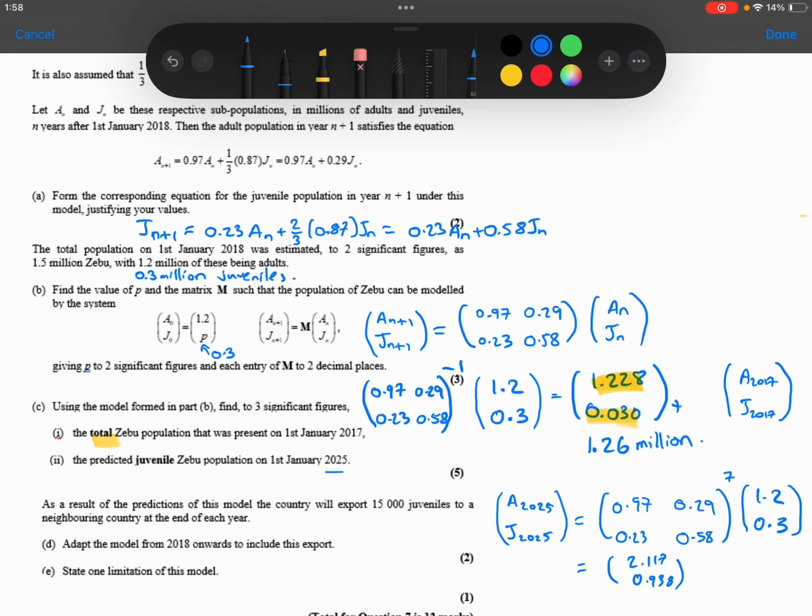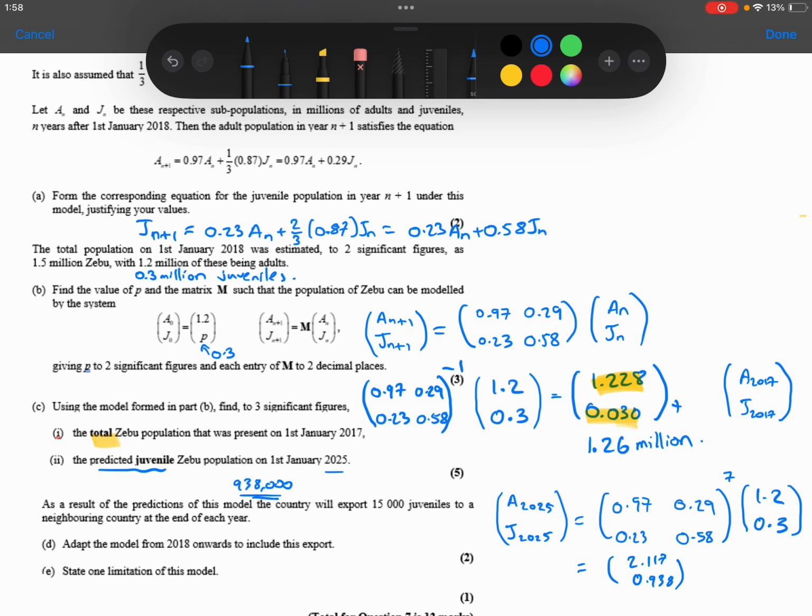So the predicted juvenile population then was 938,000. That's my answer to part C II of this question.